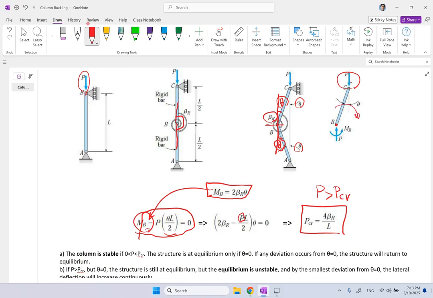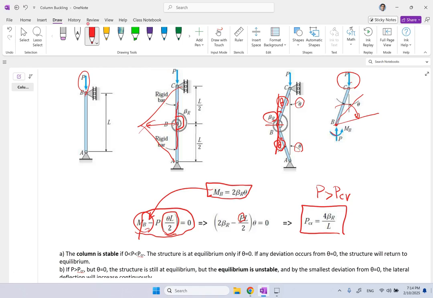And counterclockwise moment means this member is going to bend further and further down. So the deflection is going to increase because these members are going to bend further, right? So P times that L over 2 theta, or L over 2 sine theta for bigger angles, is the one that is causing the members to bend further laterally.